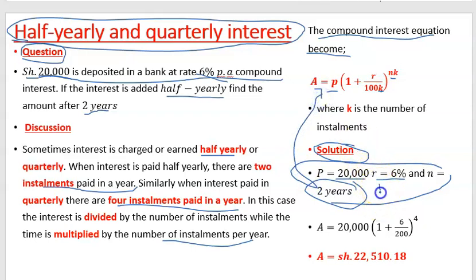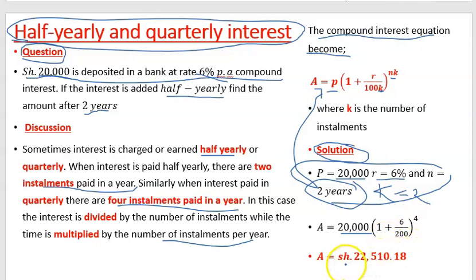Before then, remember k is equal to 2, because we are halving it, half yearly. So we substitute: 20,000 is the principal, 1 plus 6 over 100 times 2 becomes 200, and then n was 2, times 2, now goes to 4.